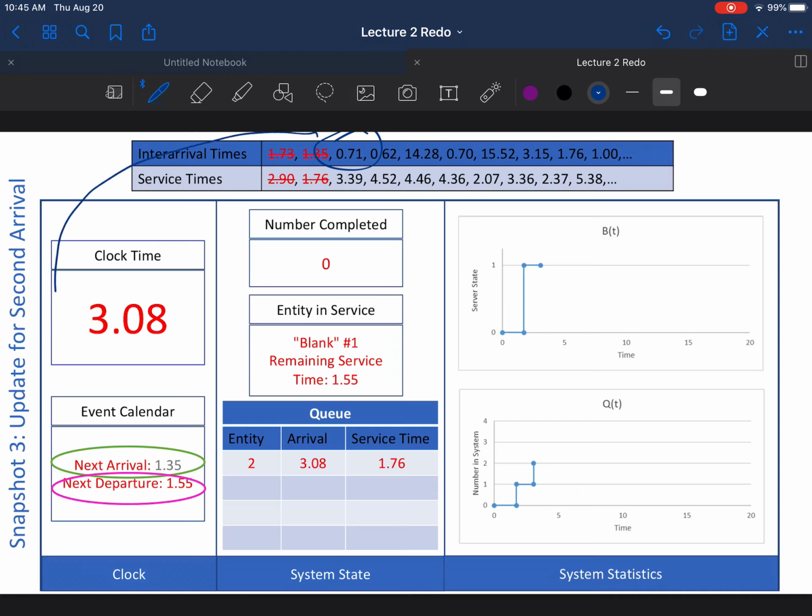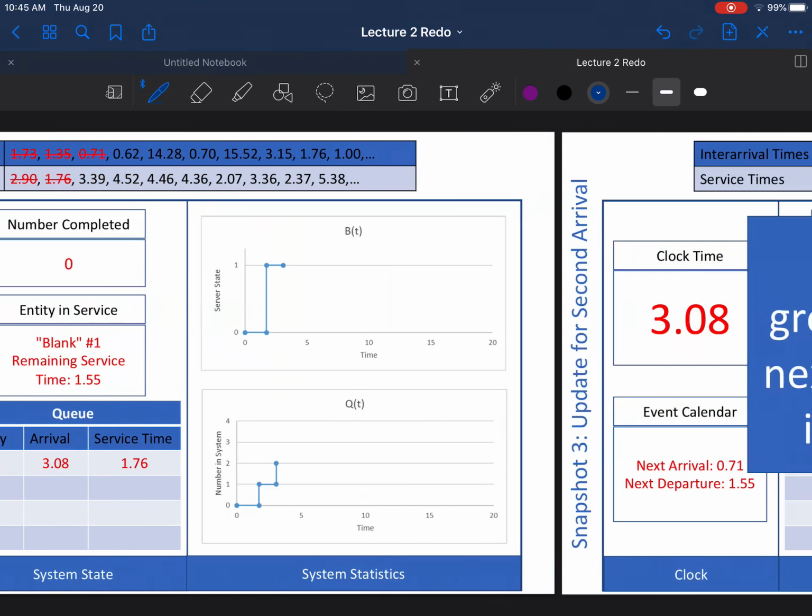The next thing that occurs for arrivals is not 1.35. That just happened. Now we have to think about part number 3, blank number 3 arriving. And so we have to update that so that it's 0.71. Okay, and that concludes snapshot 3. That's what it should look like now.